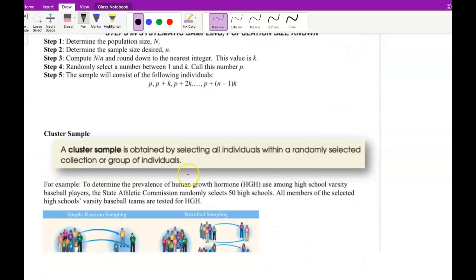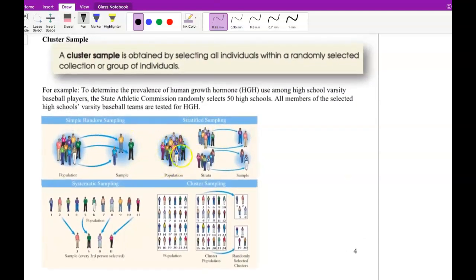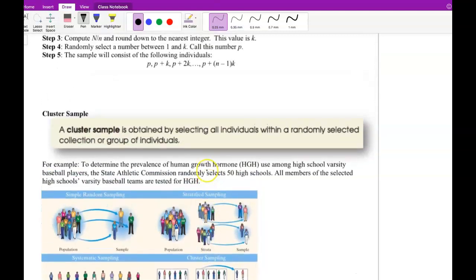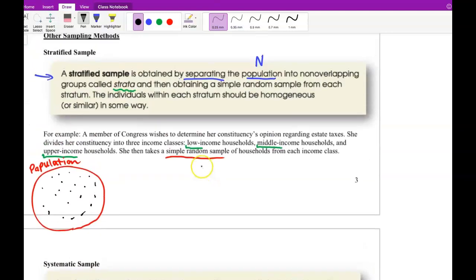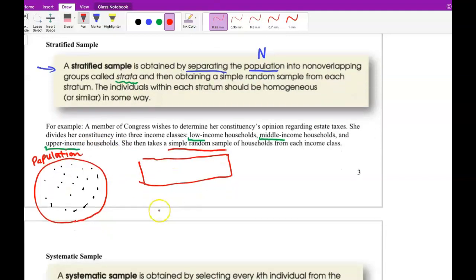Let me show you that part. It is stratified sampling. So this is the population, then I'm going to divide it into groups to have strata. Here we have 3 groups.